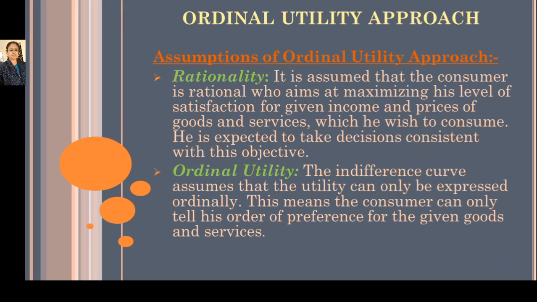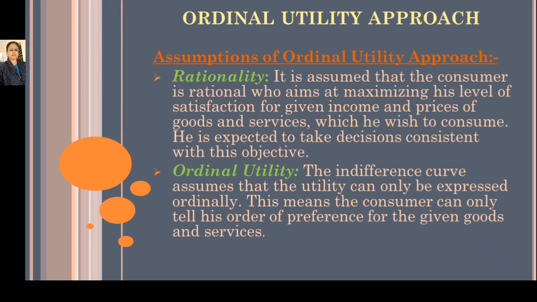First, rationality. It is assumed that the consumer is rational, who aims at maximizing his level of satisfaction for given income and price of goods and services which he wishes to consume. He is expected to take decisions consistent with this objective.